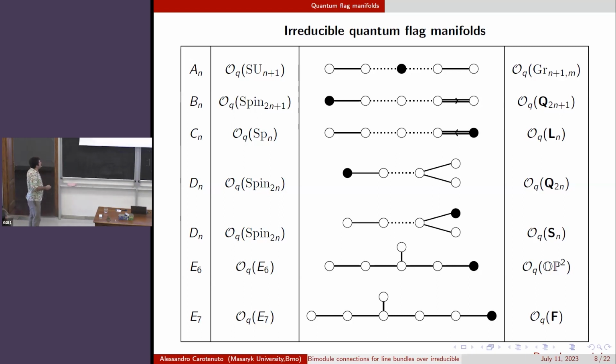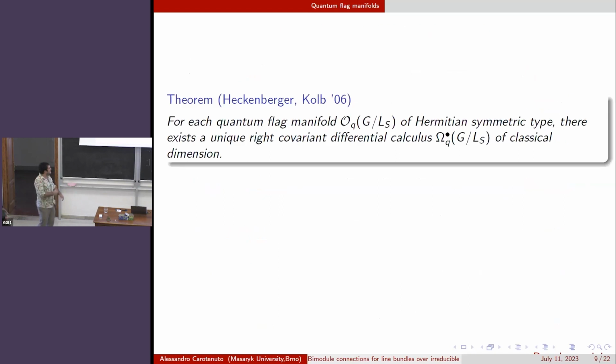So these are the irreducible quantum flag manifolds, as I said, and Heckenberger and Kolb found that for these guys, which are also called of Hermitian symmetric type, because at the same time they are quantum flag manifolds and quantum symmetric spaces, so they have all the regularity that one might ask for.